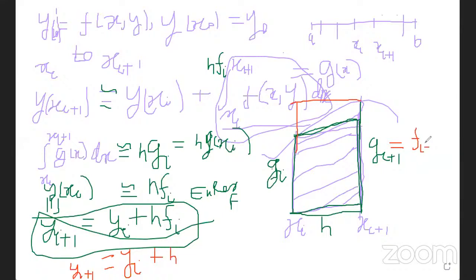So we will have the Euler backward formula, yi plus h fi plus 1. The first is also known as the explicit Euler method, and this is known as the implicit Euler method.